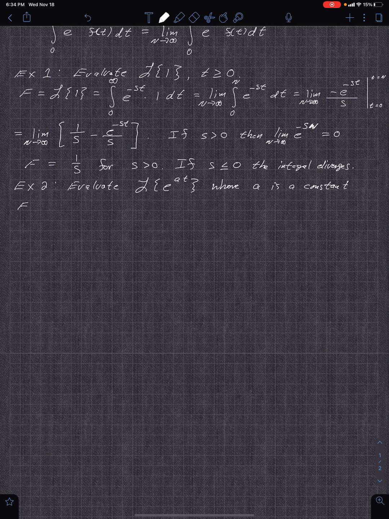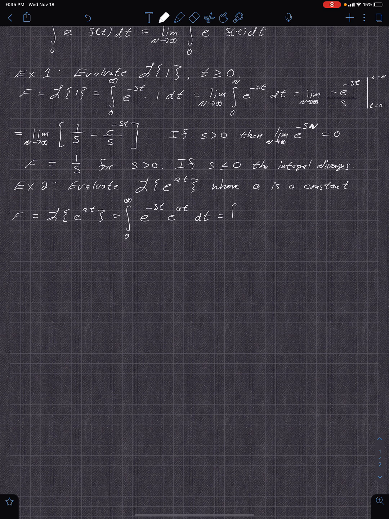So f is equal to L of e to the at. So you have two e's in there, right? It's going to be equal to the integral from 0 to infinity. So you get e to the negative st, and then here's your e to the at. So that'll be able to be combined, dt.